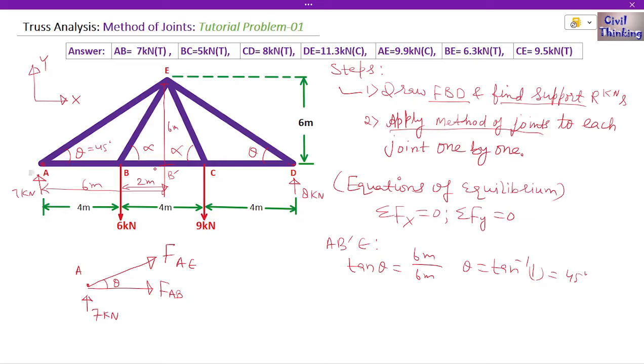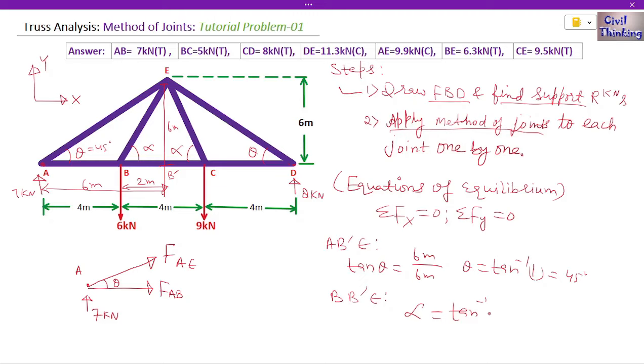Now let us also find alpha. We'll analyze the right angle triangle B B dash E. Alpha is tan inverse of the vertical, 6 meters, divided by the base of this triangle, BB dash, which is 2 meters. So this is tan inverse of 6 divided by 2, which is 3.